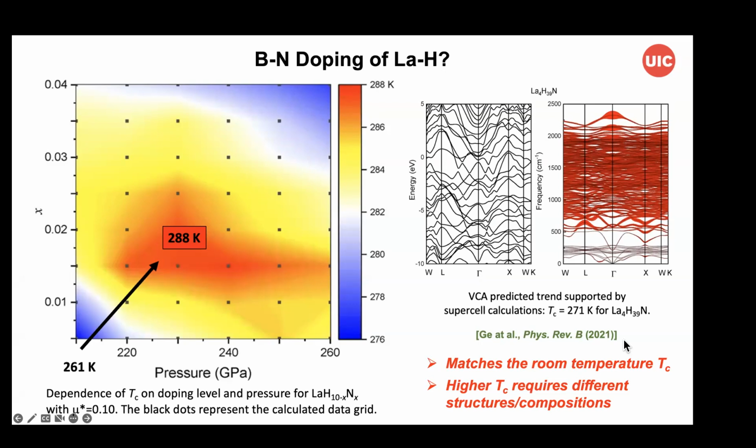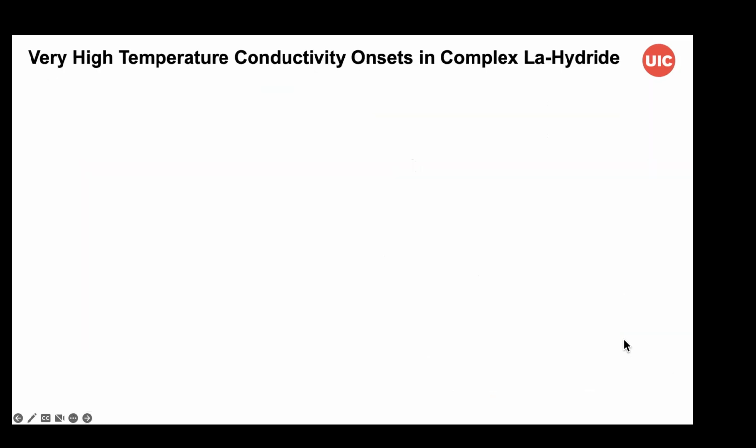So at least some support for the virtual crystal approximation. And this also points out, and I'll come back to this, that higher TCs require some other compositions or different structures going far beyond the LaH10 type structure.